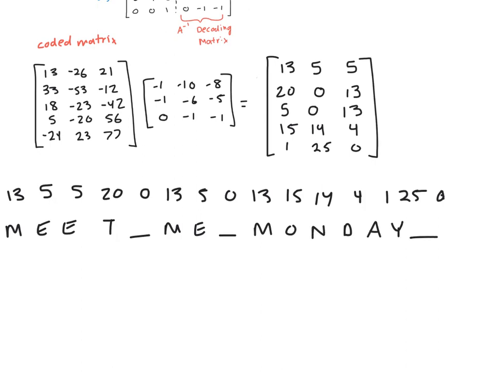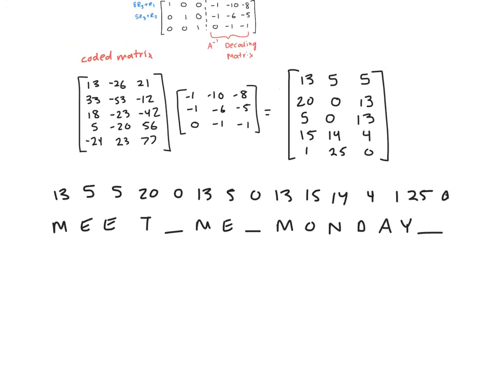So you have that same message that we had from example 1. So we essentially took our coded matrix that we created and we decoded it.